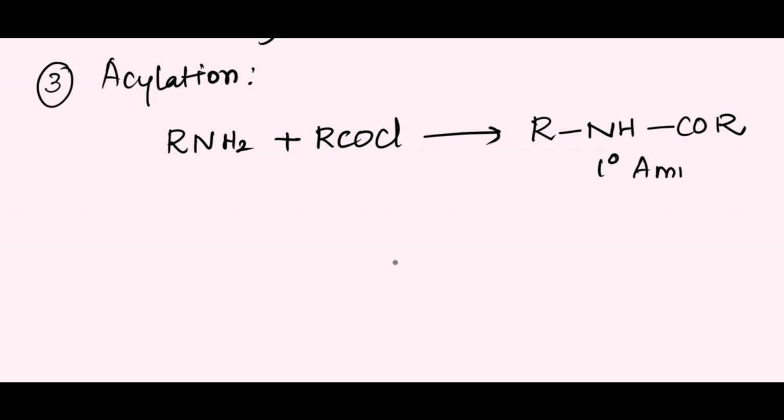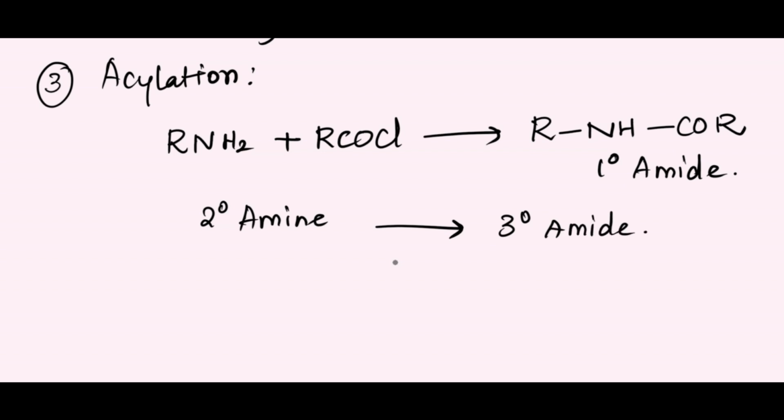If that is with a secondary amine, then it will give you a tertiary amide, because one more R group is getting added over there. Then as usual, our versatile reagent, the Grignard reagent.